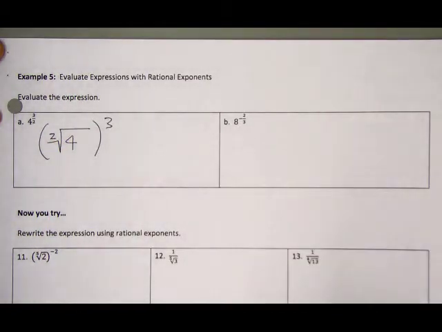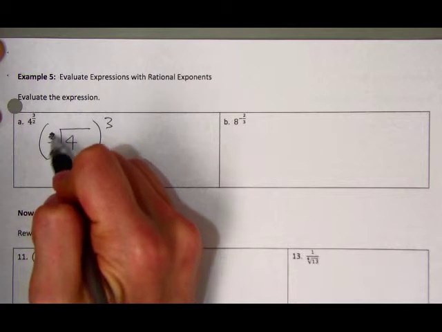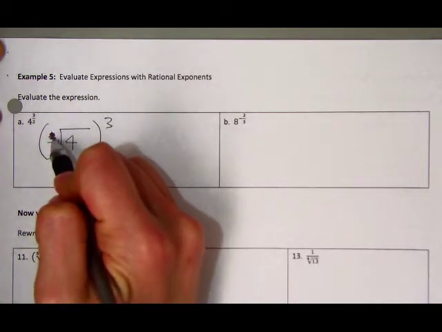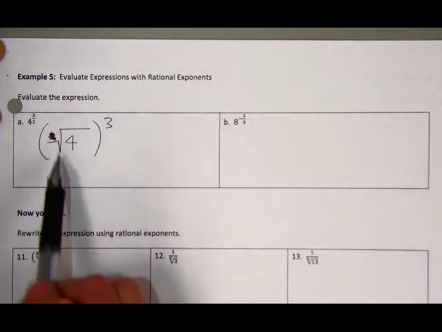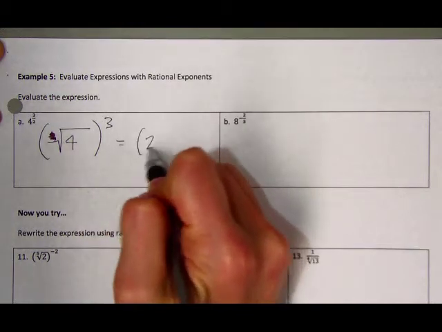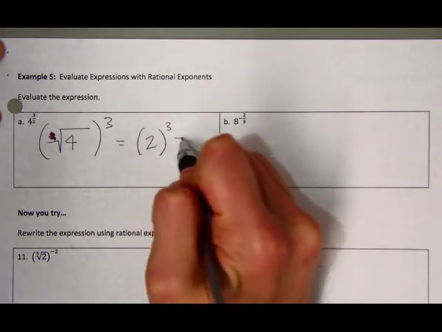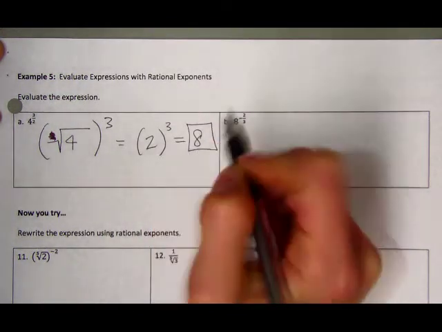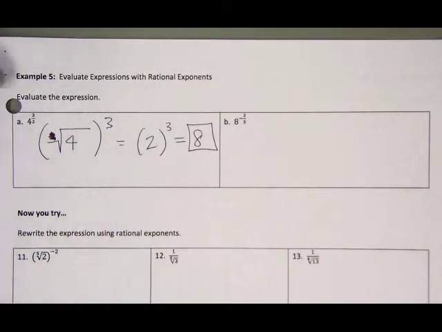So let's break this down. Well, this 2 out in front doesn't really mean a whole lot because we can kind of erase that and it means the same thing. So we've got the square root of 4, which we know is 2. 2 to the third power we know is 8. So 4 to the 3/2 power is the same thing as 8. We're actually going to evaluate and get a final answer.